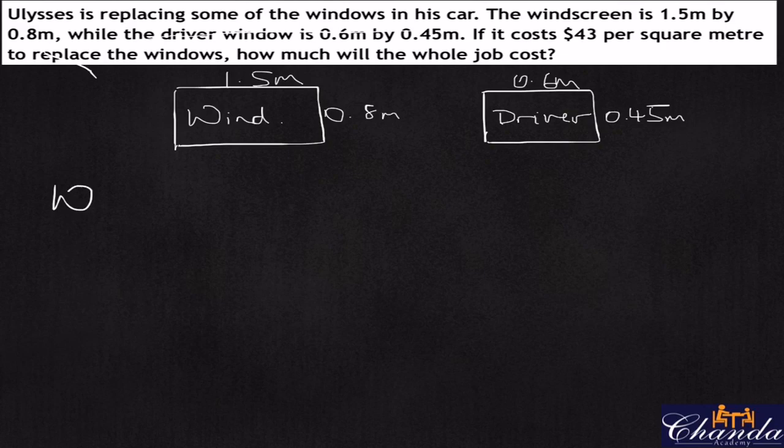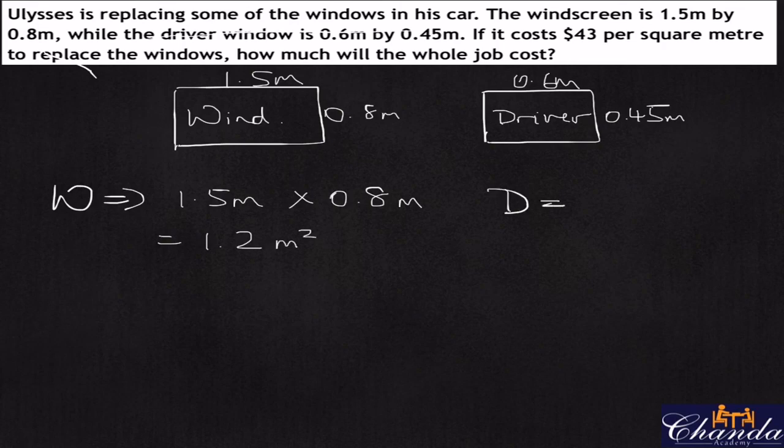Then we have the driver window, which is 0.6 meters multiplied by 0.45 meters, which gives me 0.27 meters squared. So the total area that needs to be replaced is 1.2 plus 0.27.